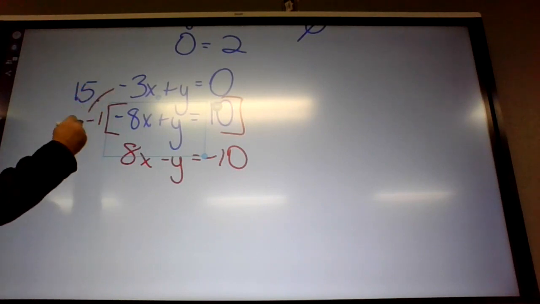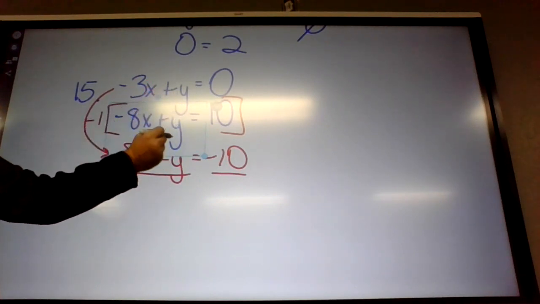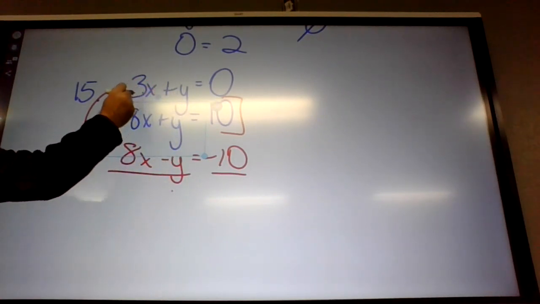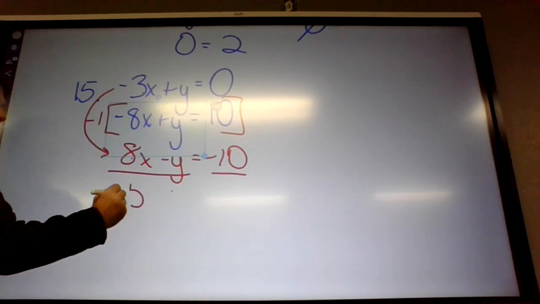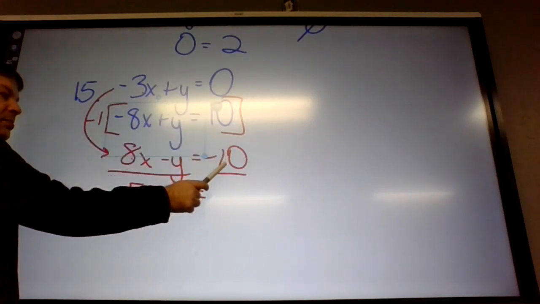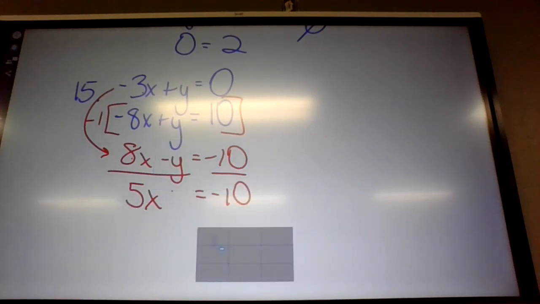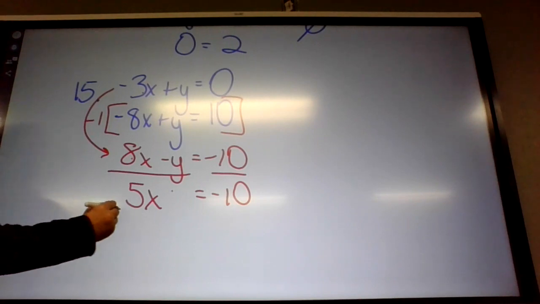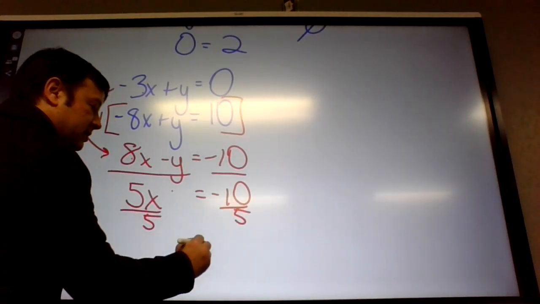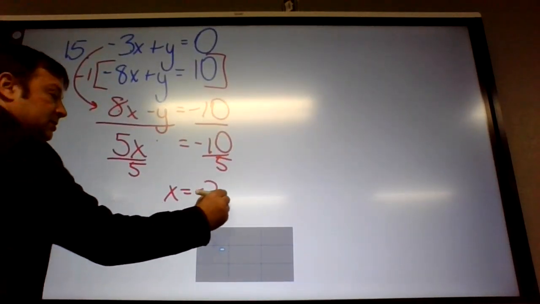And now if I add that new line with the first line, those two together, the y's will go away. Y plus negative y is nothing. Negative 3x plus 8x is 5x. 0 plus negative 10 or 0 minus 10 is negative 10. So x is -2.